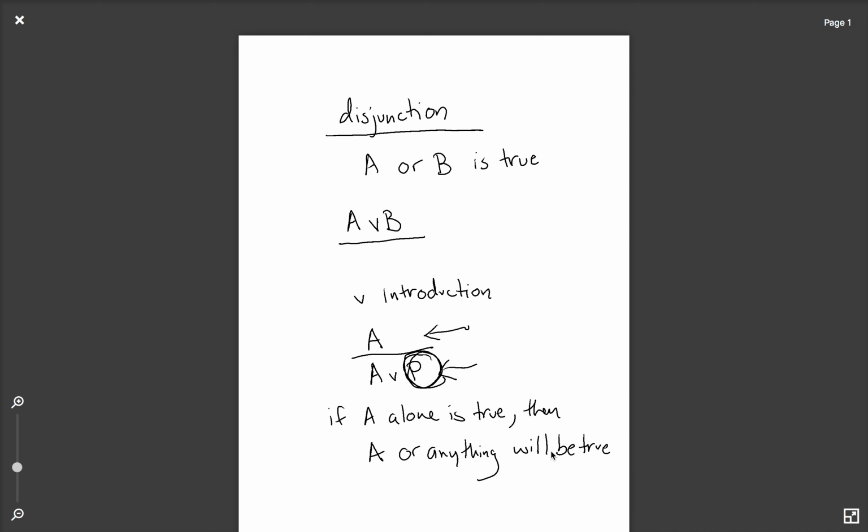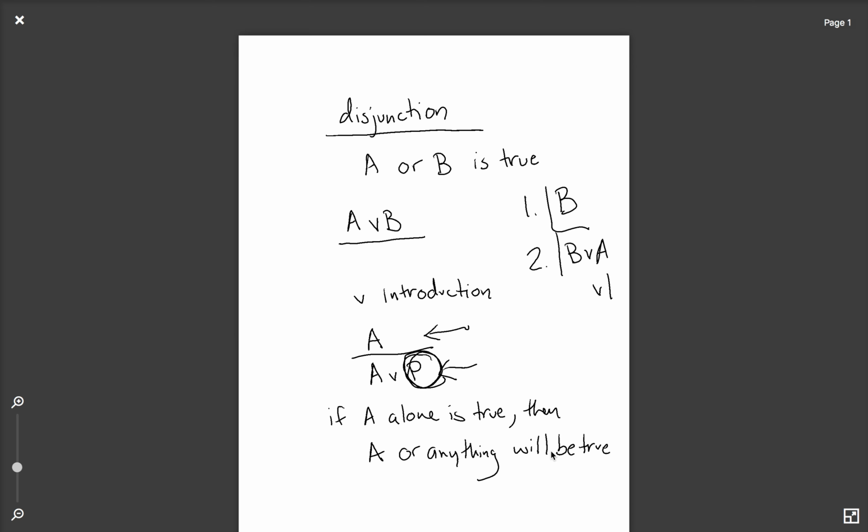else will be true. So the way you use disjunction introduction is you take any line of a proof and you add on a disjunction. You only need one thing to be true. If you start with B as your premise in a proof, that means B or anything else would be true.